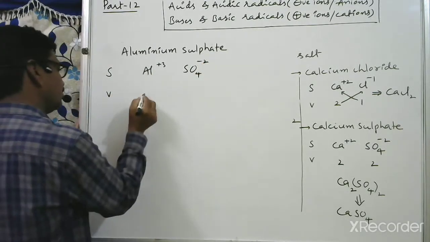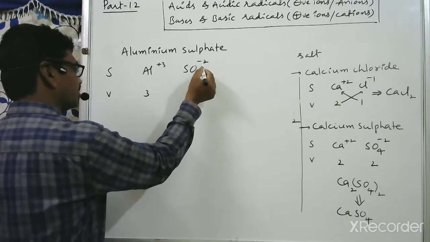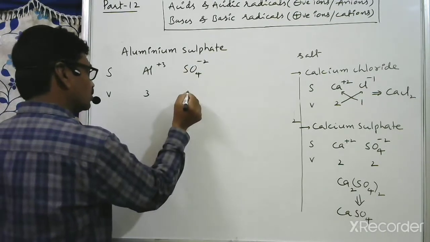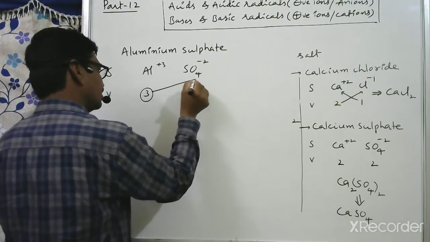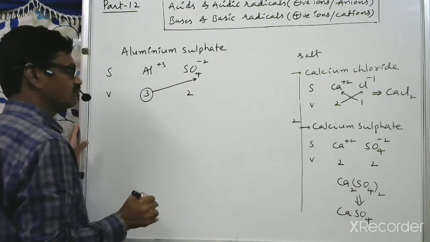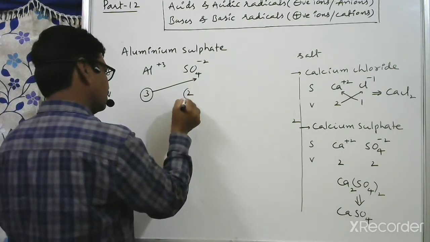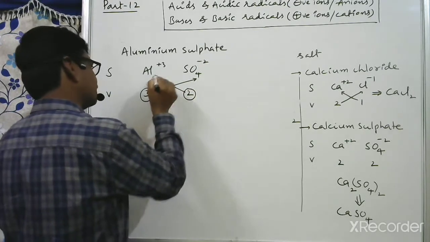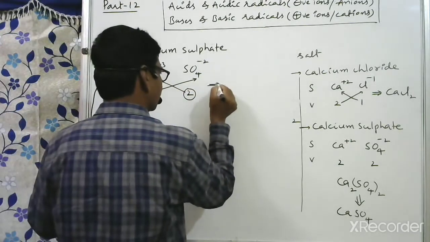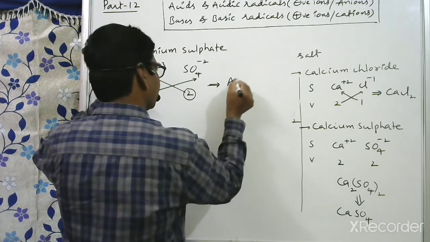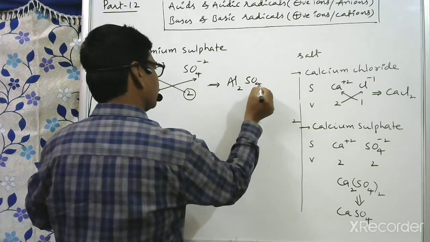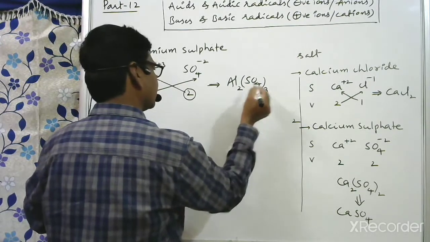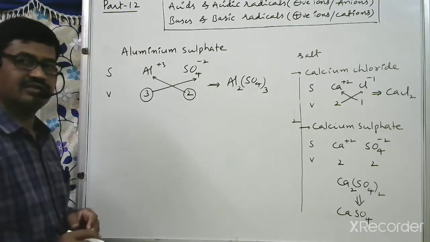Valency for aluminum is 3. Combining capacity or valency for sulfate is 2. So this valency should be written below the SO4 as subscript. The formula for this is Al2 SO4 taken thrice. So it is aluminum sulfate.